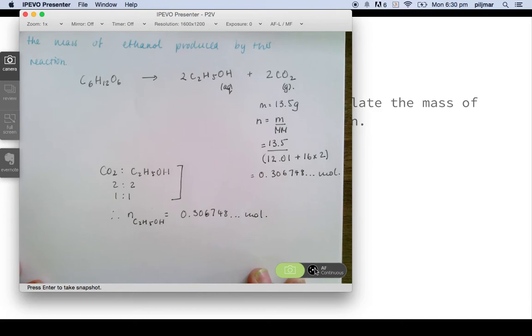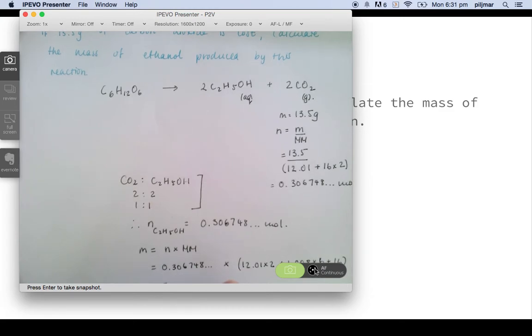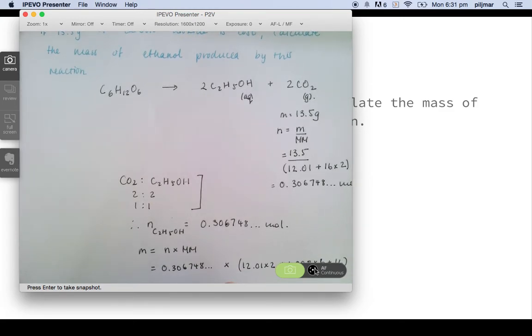we then have the moles of ethanol, and we can just use that and plug it straight into our mass equation, which is mass is equal to number of moles times molar mass, which is then equal to 0.30678 dot dot dot, whatever the value was, I maintained that in my calculator, times 12.01 times 2 plus 1.008 molar mass of hydrogen, times that by 6 plus 16, which is equal to, because I've kept that in my calculator from before, times that by 46.068.